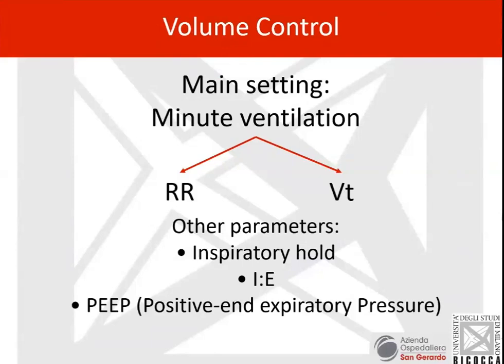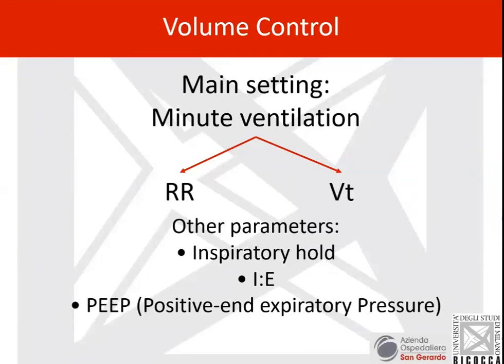So when we work with volume control ventilation, the recipe we give to the ventilator is a recipe that is targeting a given minute ventilation, so a given volume delivered to the patient every minute.